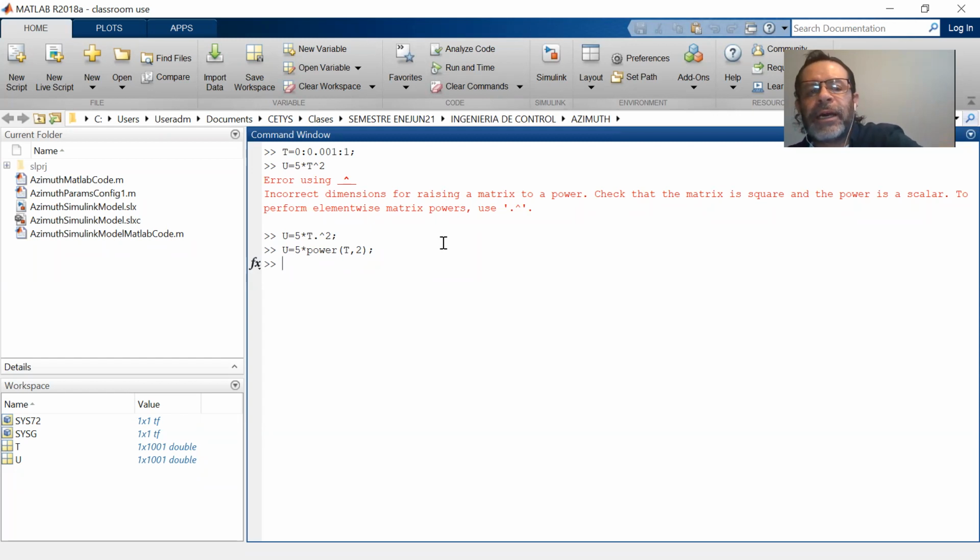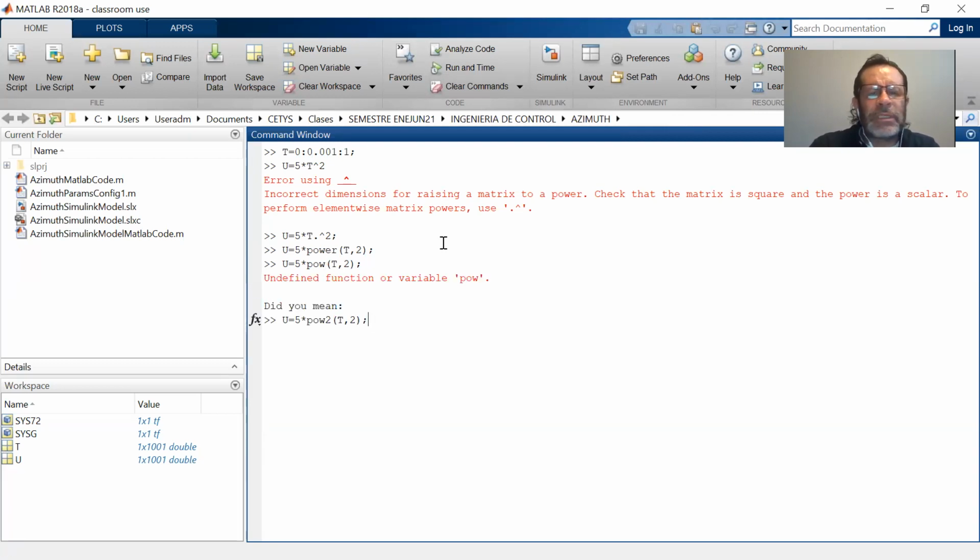I was asking you to Google it. In this case, it's power. I'm not sure if POW is also one. I know that POW, I think, is one that you can use in Excel. POW isn't one, but power is. POW2 is another one. Okay. So this could be another alternative. Either of those could work.